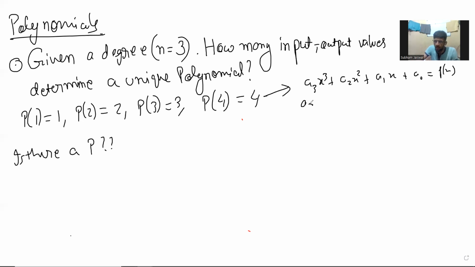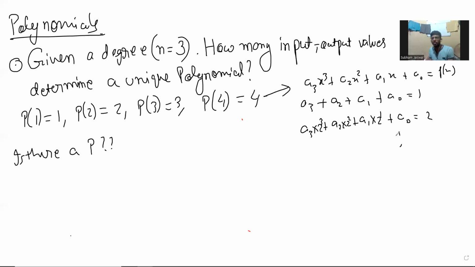Then you say, okay, putting 1 gives me 1. Putting 2, this is obviously impractical for us to really solve, though there are efficient ways to solve this. And so on. So you have 4 equations, 4 variables. Hopefully there will be a solution. But that is not what we will do.